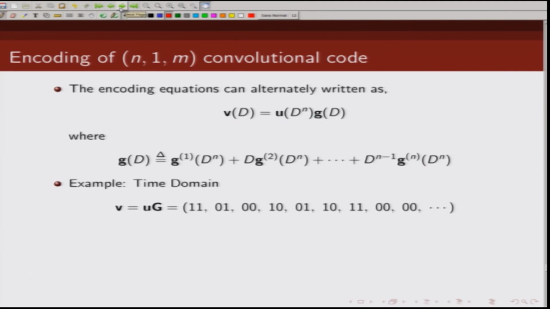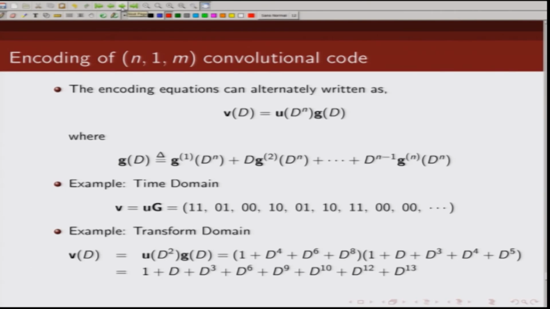And we can again go back to the same example. Our output sequence in the time domain was given by this, and if we follow the same procedure, v(d) should be u(d^2) times g(d), where g(d) is g1(d^2) plus d g2(d^2). So u(d^2), what is u(d)?